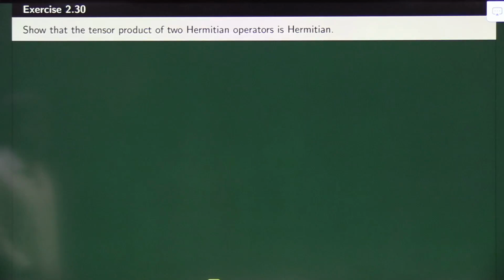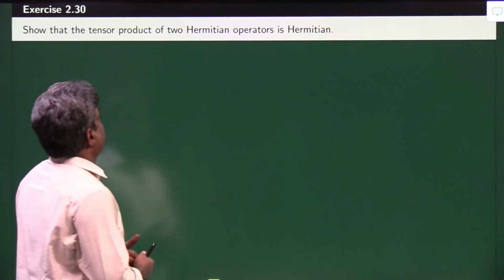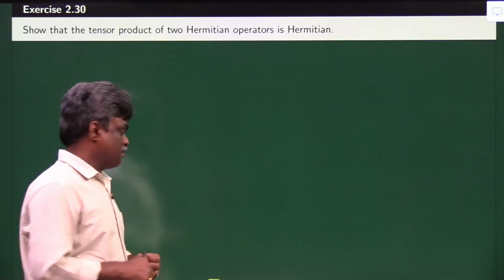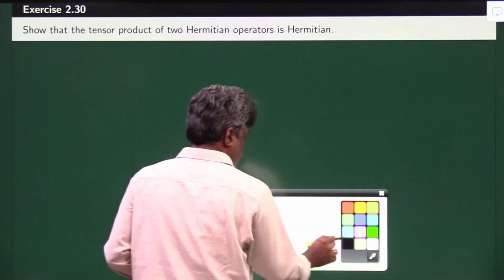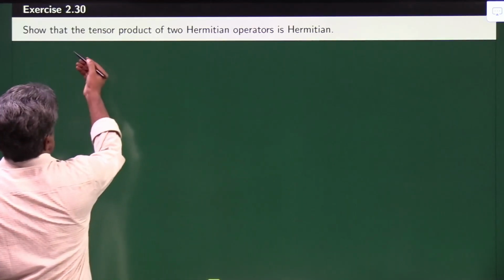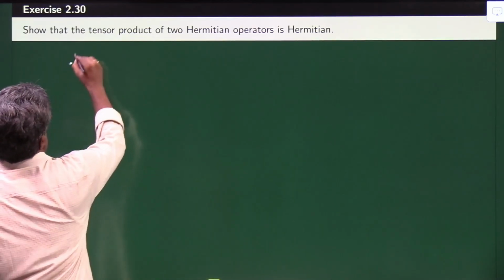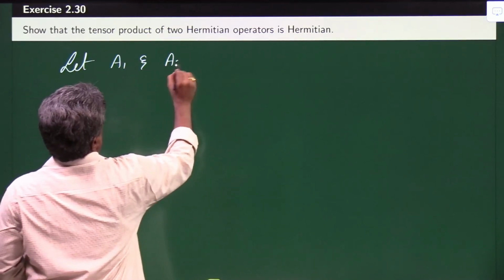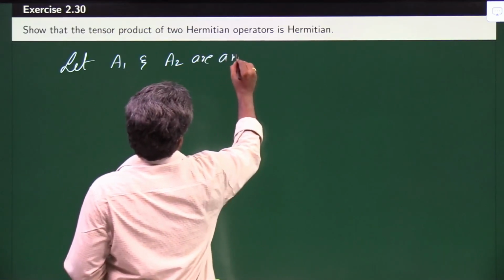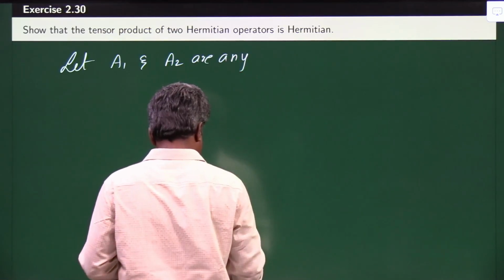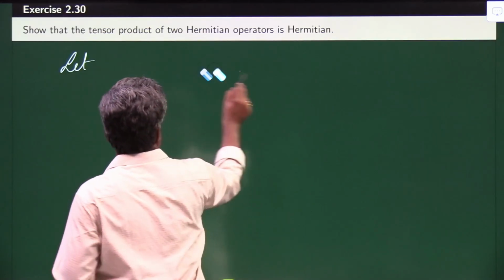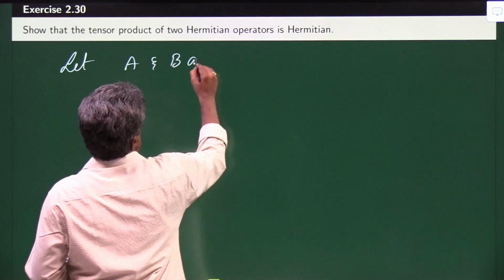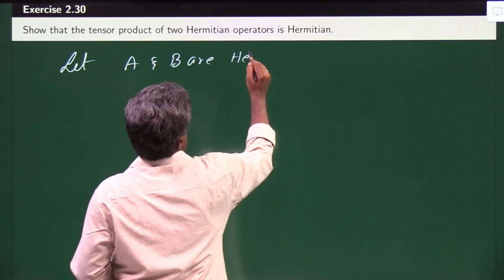Right? Next one. Show that the tensor product of two Hermitian operators is also Hermitian. Okay, so for this, let me define two Hermitian operators. Let A and B be any two Hermitian operators.